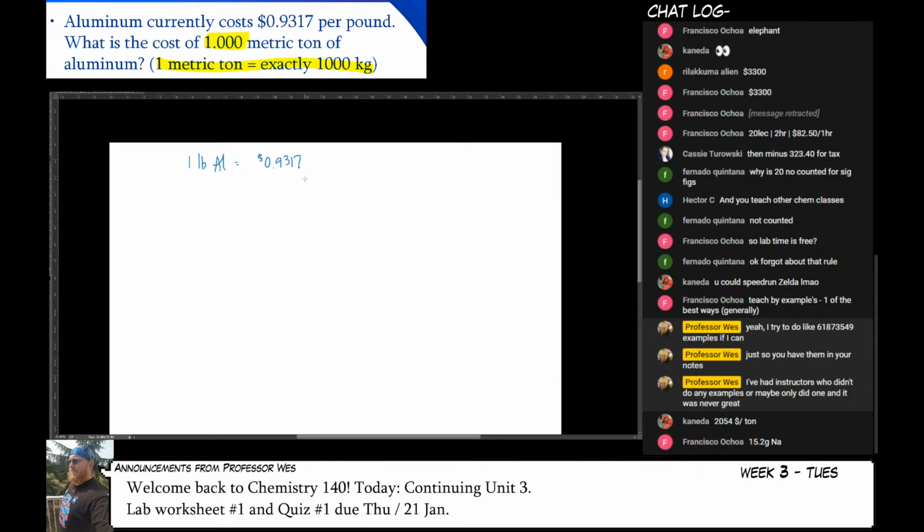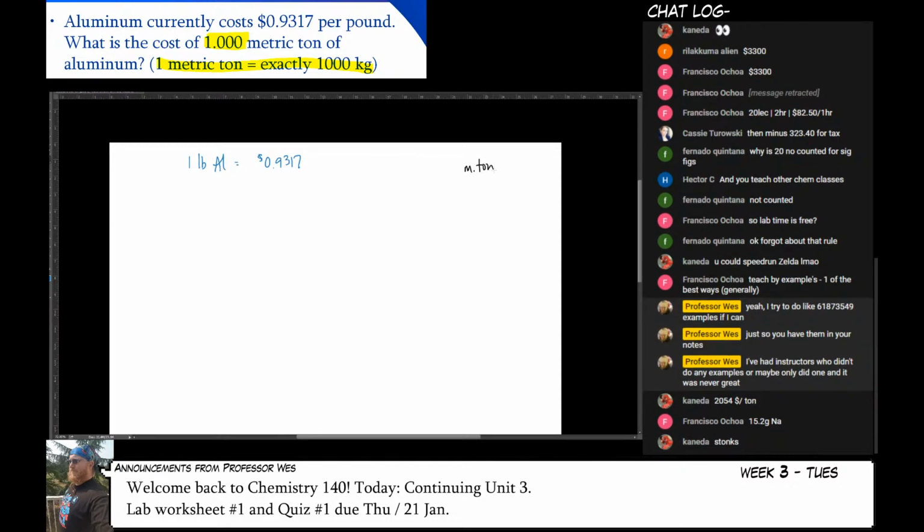Those numbers down there will affect the cost. So it's set to that amount. I have no idea if this is the current cost. When I wrote this slide, this is what aluminum cost. So yeah. All right, so I have metric tons as the amount that I want to purchase.